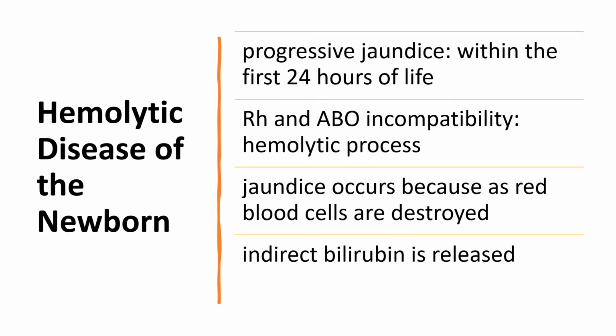So with birth, progressive jaundice usually occurring within the first 24 hours of life will begin, indicating in both Rh and ABO incompatibility that the hemolytic process is at work. The jaundice occurs because as red blood cells are destroyed, indirect bilirubin is released.